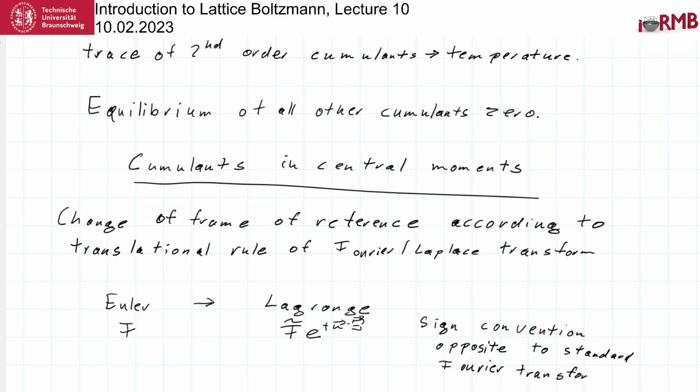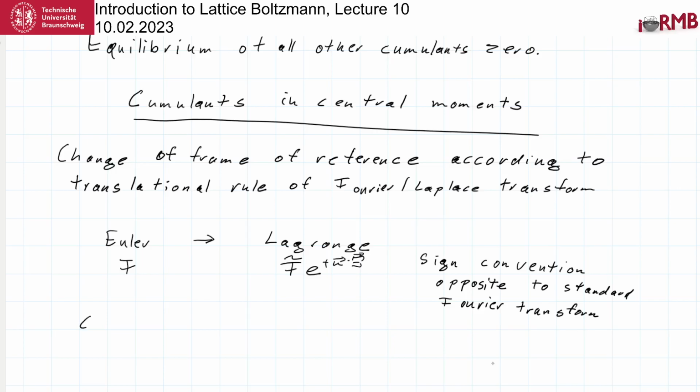The reason is that when you do the Fourier transform backward and forward, there is a plus in the exponent backwards and a minus forwards, and now we turn everything around. That's all.